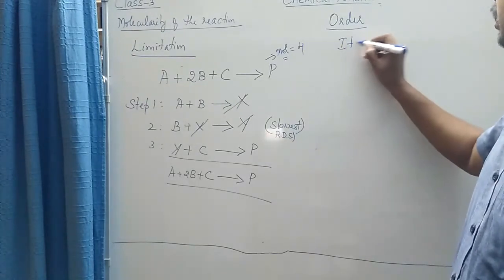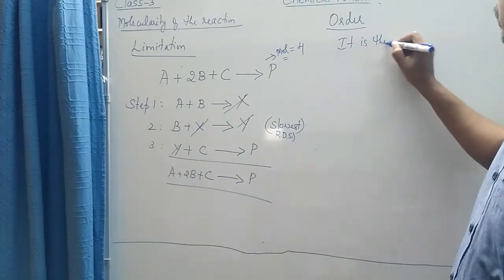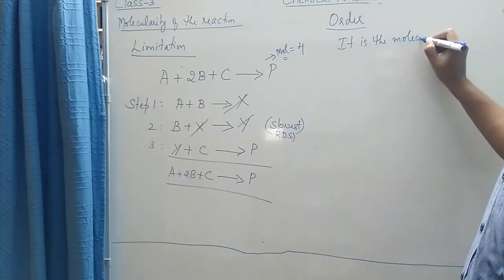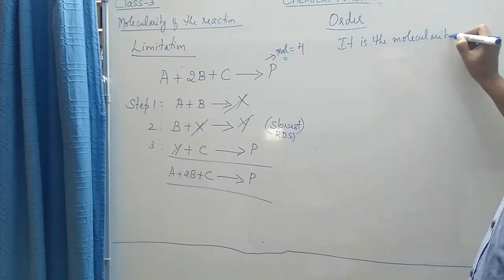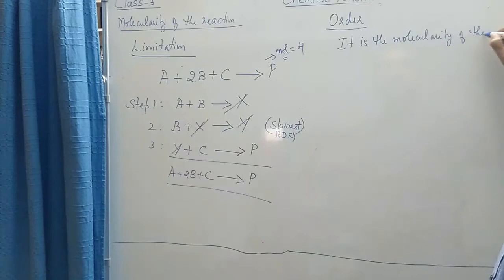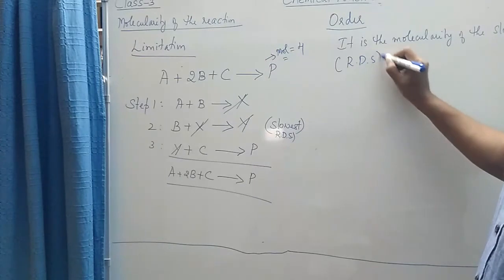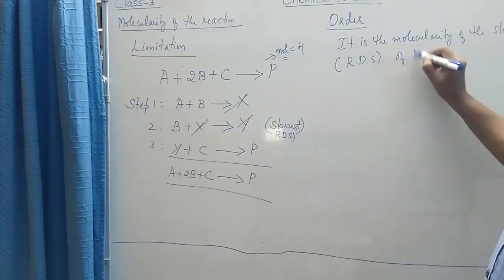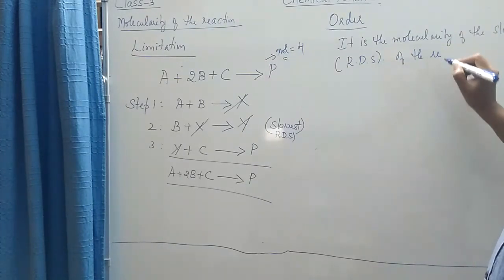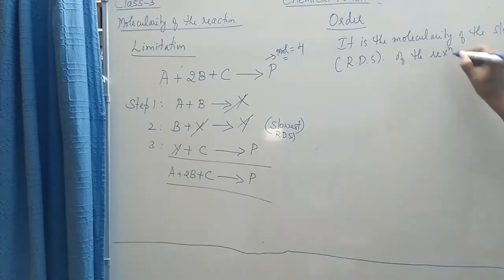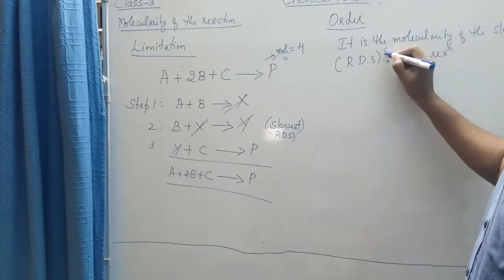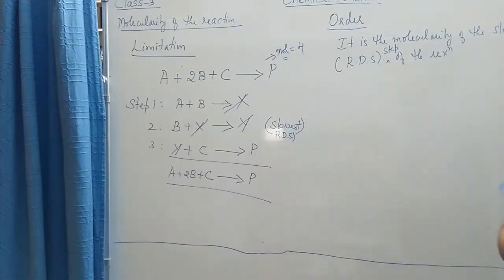It is nothing but the molecularity of the slowest step, that is the rate determining step, of the reaction. It is the molecularity of the slowest step of the reaction. This is one way of defining the order.